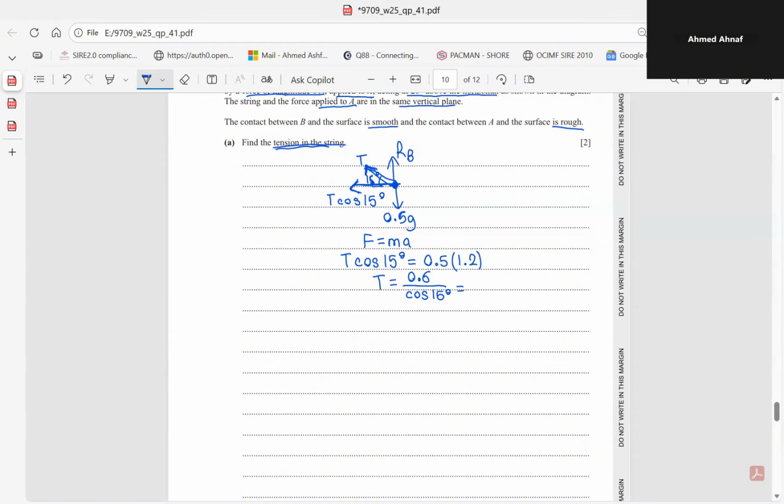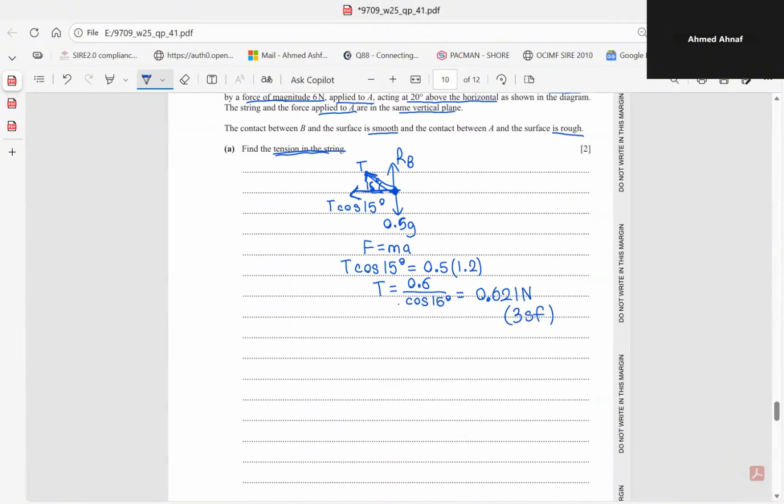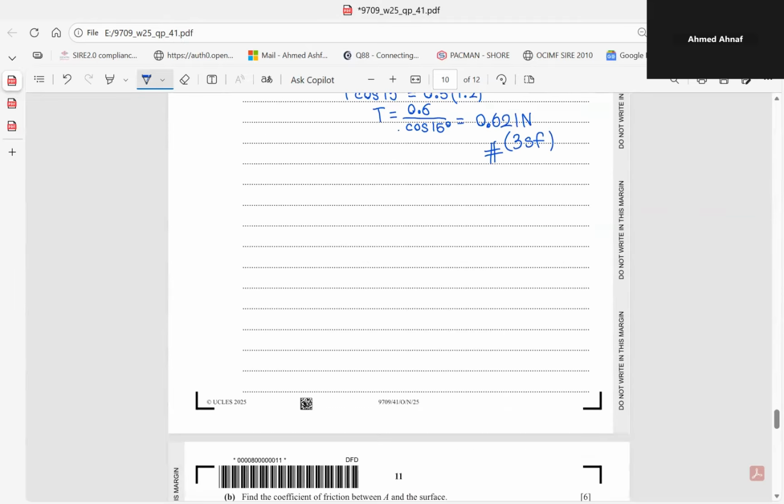You would get 0.621 newtons as your final answer. That's going to be our final answer for the first part. Let's move on to the next part.